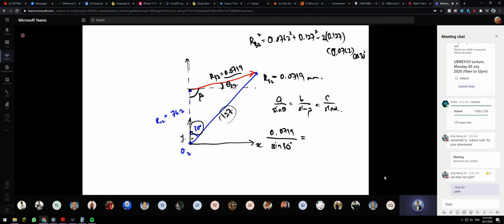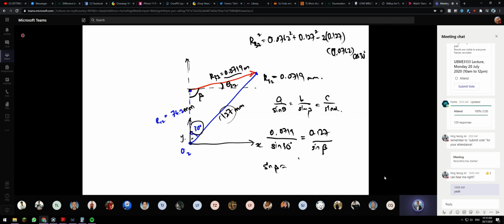Then equal to this one 0.127. This is mm, this is meter. So divided by sine beta.